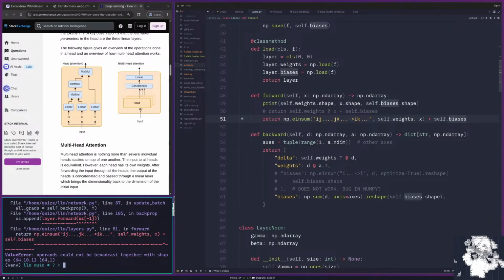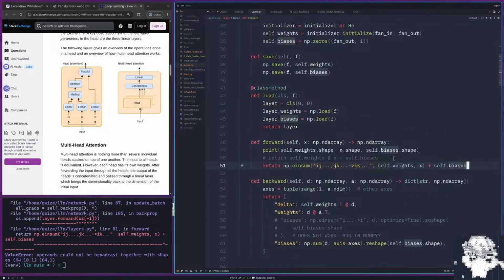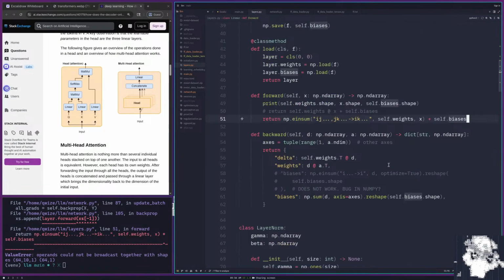Okay, here it's just having trouble adding the bias, which I thought was being broadcast properly, but I guess I need to reshape it.